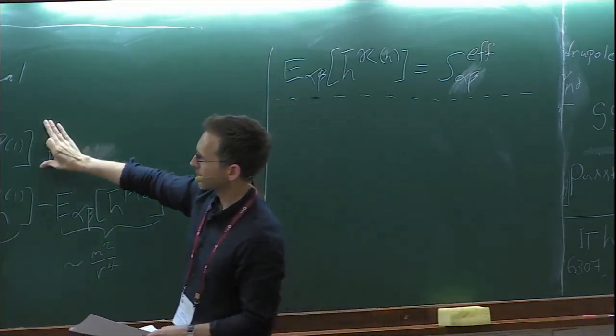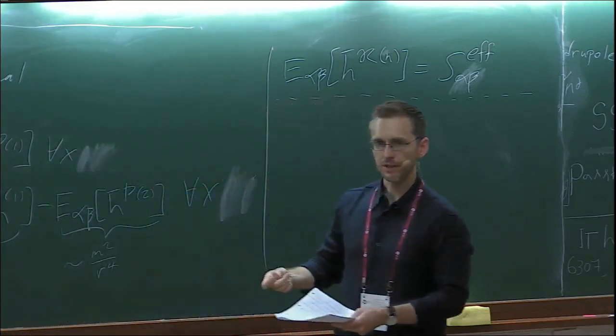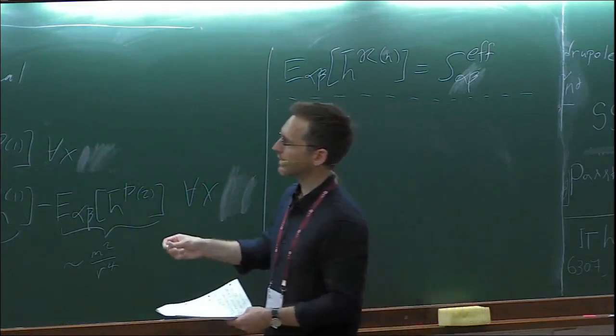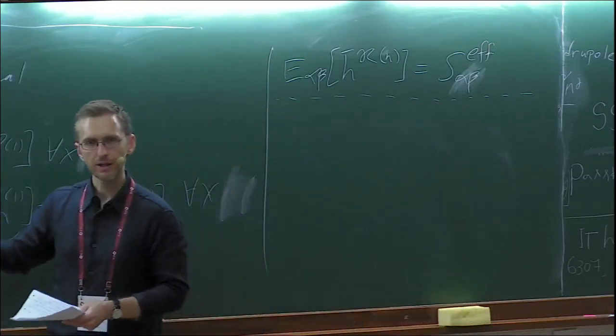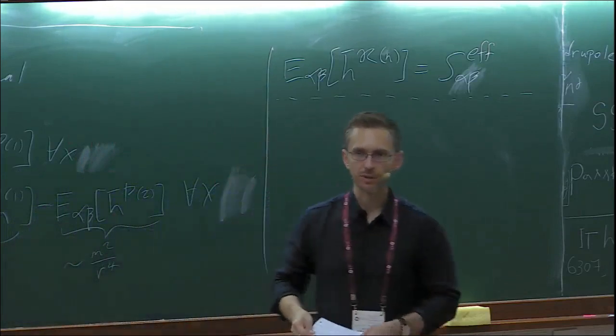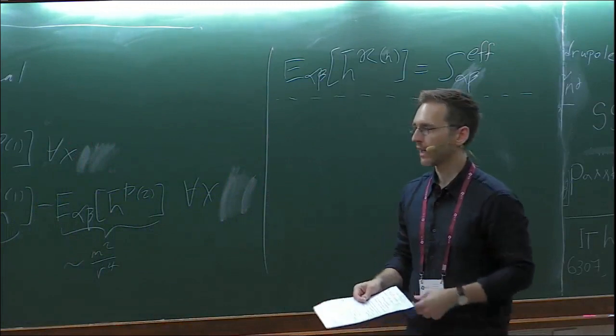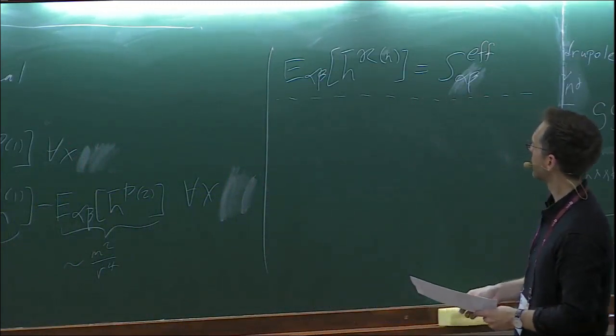At first order, this is also being used using a puncture scheme, but then you also have the possibility of just directly calculating the full H1 and then afterwards subtracting the singular piece to extract the regular piece that goes into the force. So that's an option at first order, not at second order.